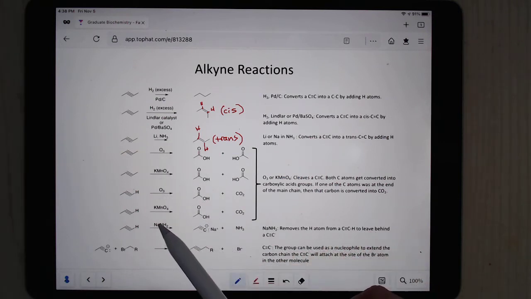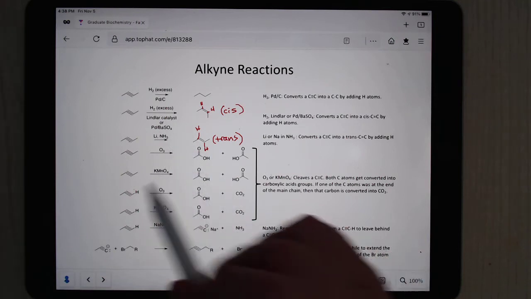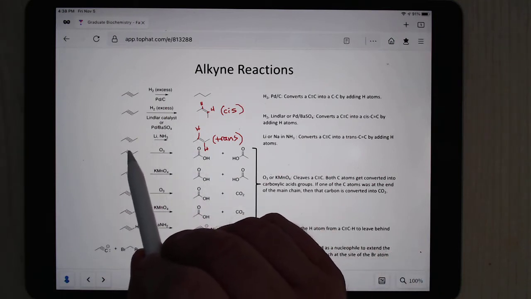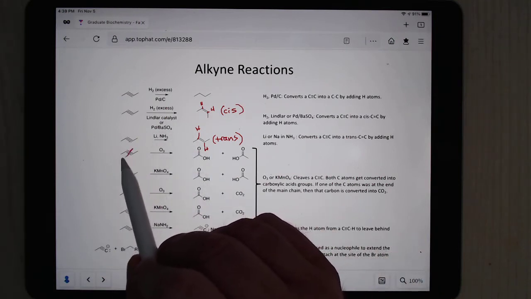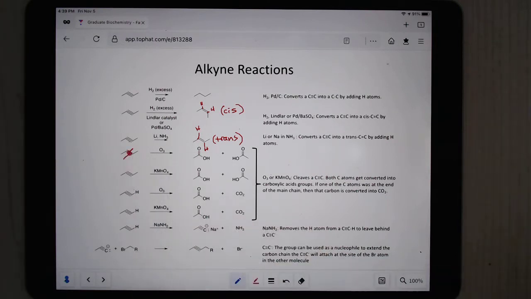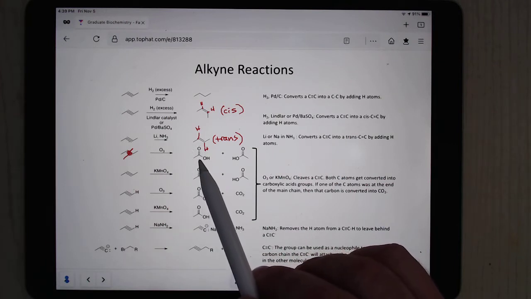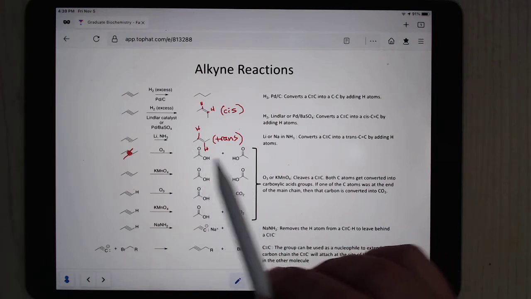Okay. Now for the oxidative cleavage reactions, for here the ozone or the permanganate is going to again cleave those bonds, and you're going to replace that carbon-carbon triple bond by 3 CO bonds. And the way you do that is having the carboxylic acid on both sides.